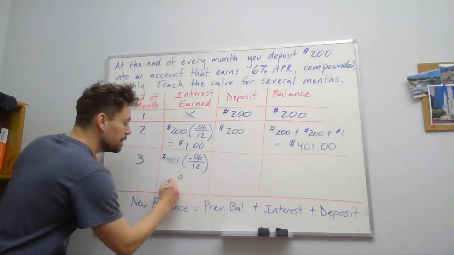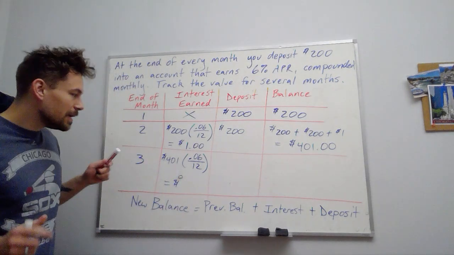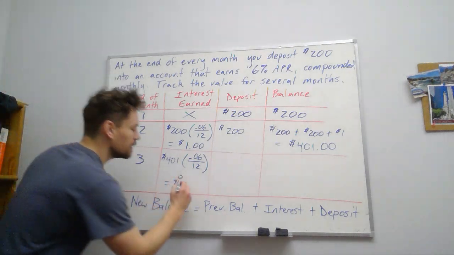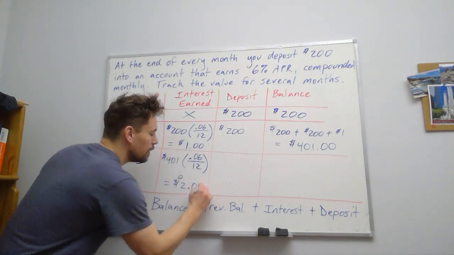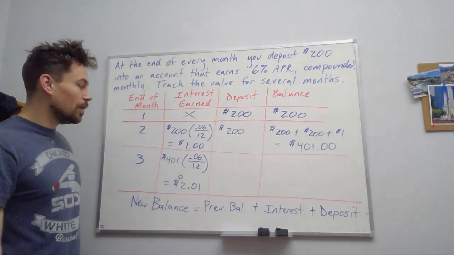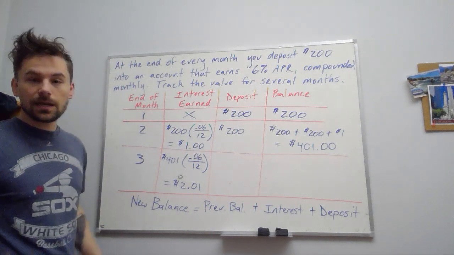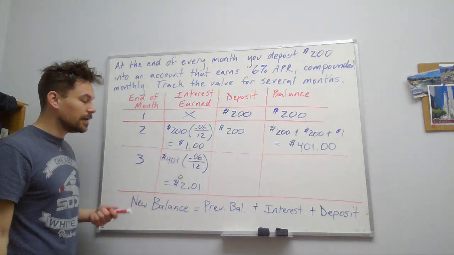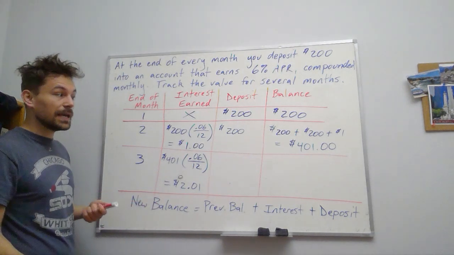And if we do this, it's going to be a number that goes out to 3 decimal places, so we can round it. If we round it, it will come out to $2.01. You can punch that in and double check with your calculator. But the rounded value is $2.01. That's how much interest we gain that month.